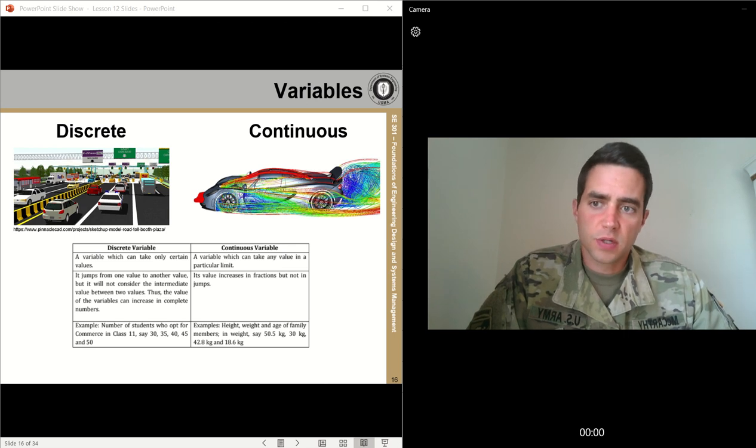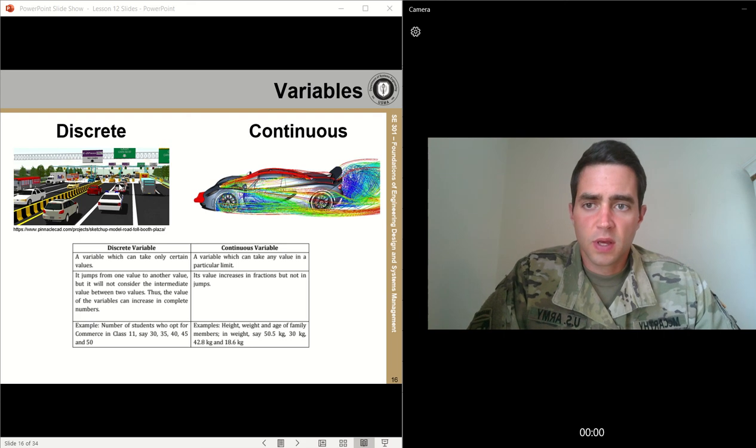Thinking about cars, for instance, there's a discrete number of vehicles that can travel through this Easy Pass station in a given time frame, or there is a finite number of vehicles that can be packed into this area at any given time. Since there can't be half of a vehicle or a third of a vehicle, the number of vehicles is a discrete variable.